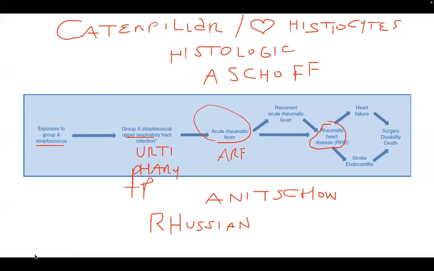So please take note of that. Anitschkow and Aschoff. So a very important figure.